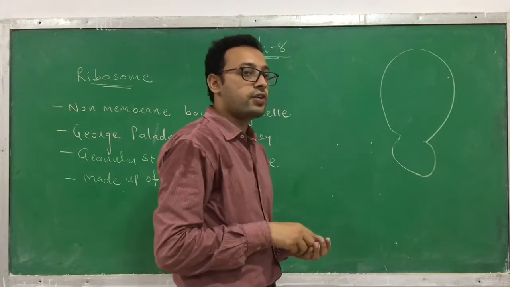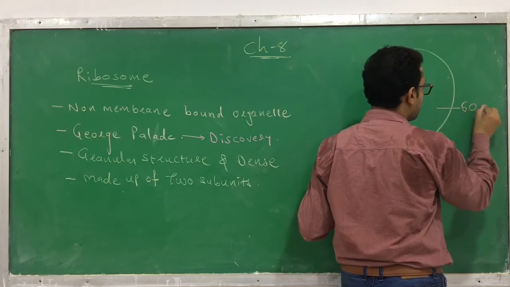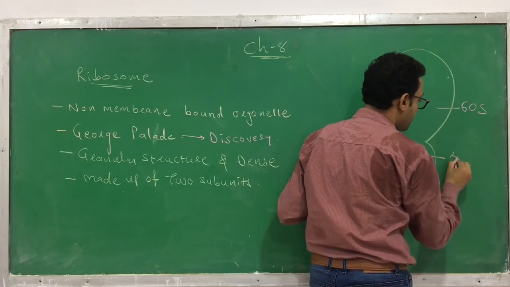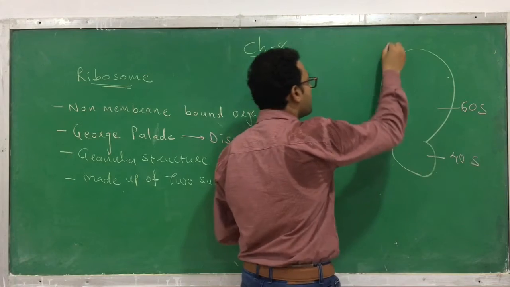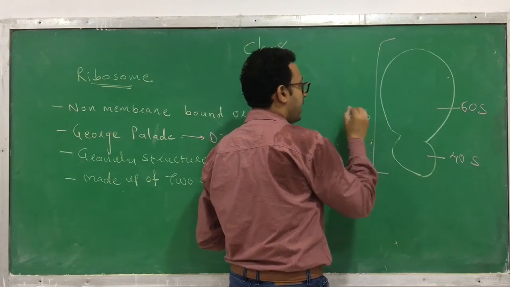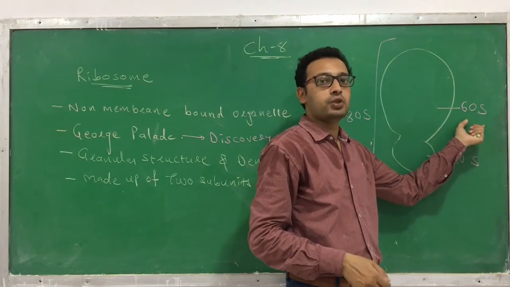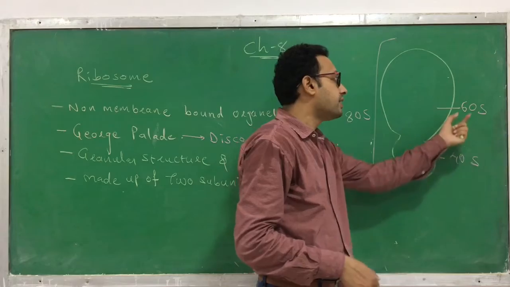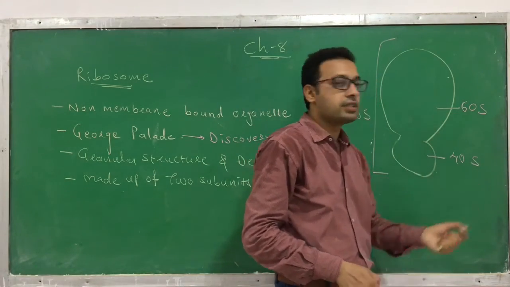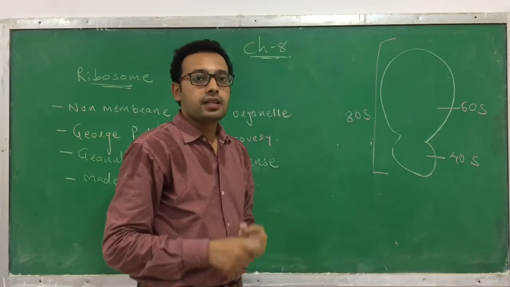In the eukaryotic ribosome, the size of the larger subunit is 60 S, the smaller subunit is 40 S, and the total size is 80 S. I repeat, you have to remember, larger subunit 60 S, smaller subunit 40 S, and total 80 S.